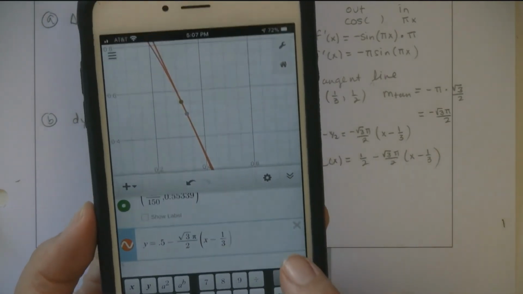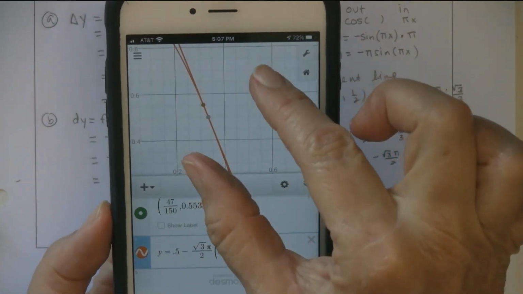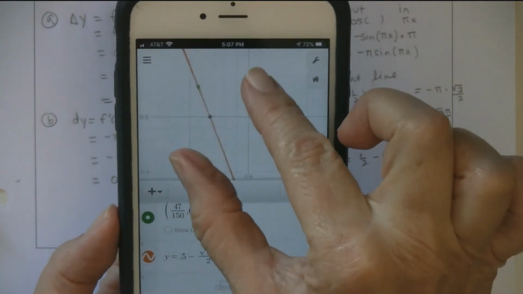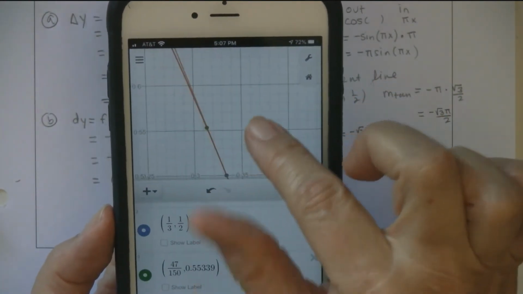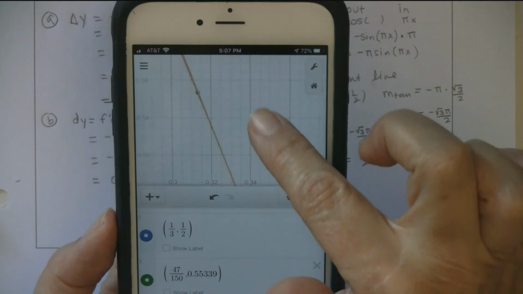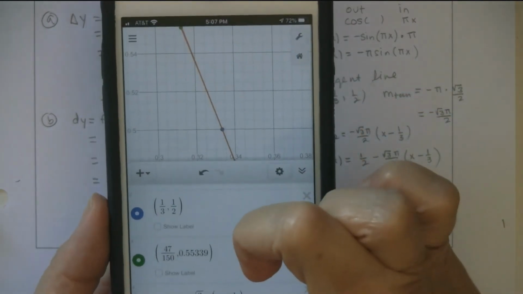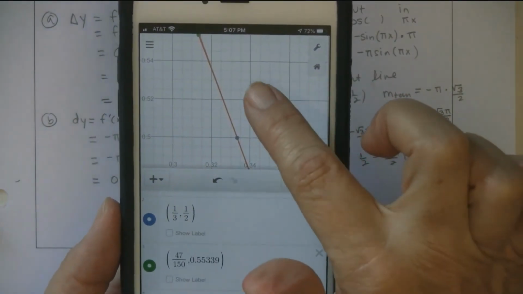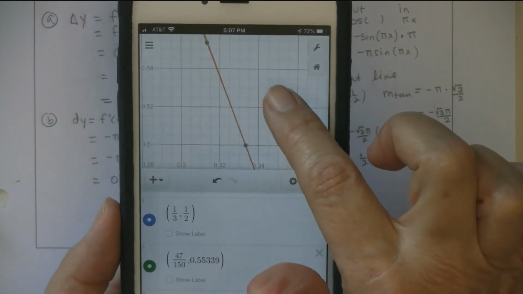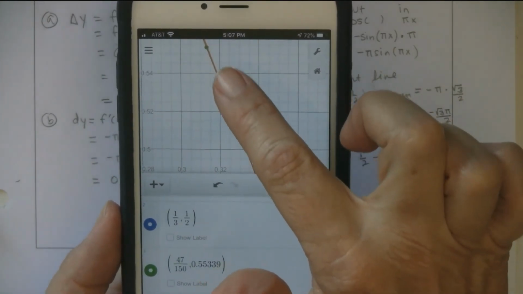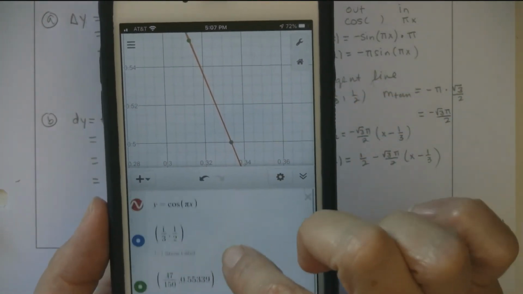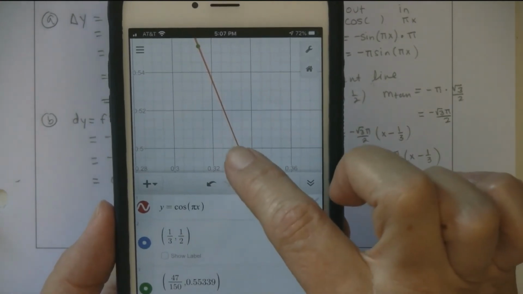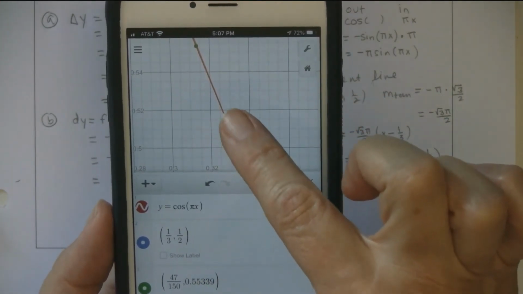So are you going to graph that thing? Did you graph it? Yes, you did. You graphed it in red, and I guess it's graphed in orange, but it's right on top of the other one, that they're almost the same, right? The curve and the tangent line are almost the same.